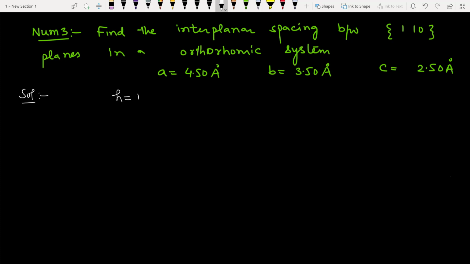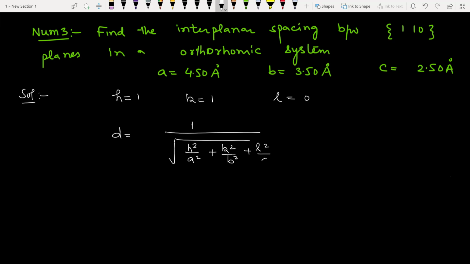So H is equal to 1, K is equal to 1, L is equal to 0. So D is equal to 1 divided by square root of H square by A square plus K square by B square plus L square by C square.